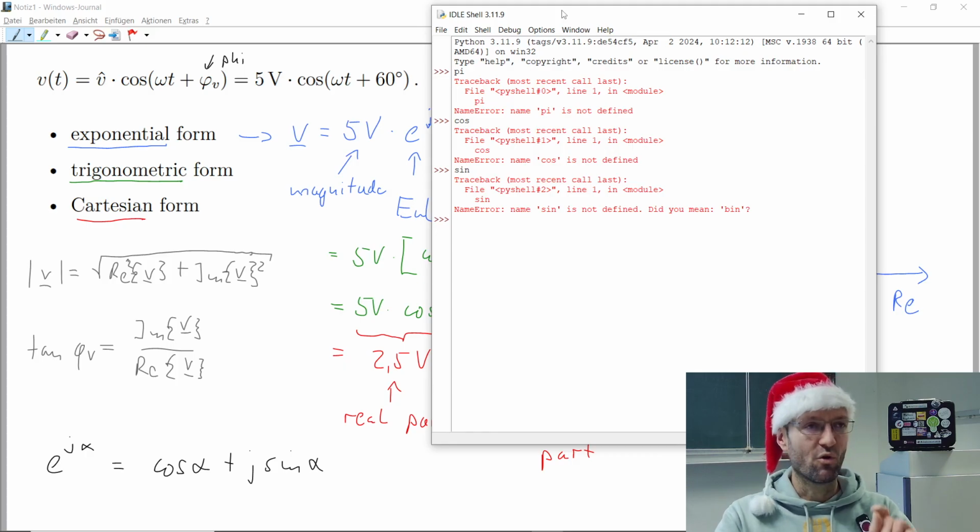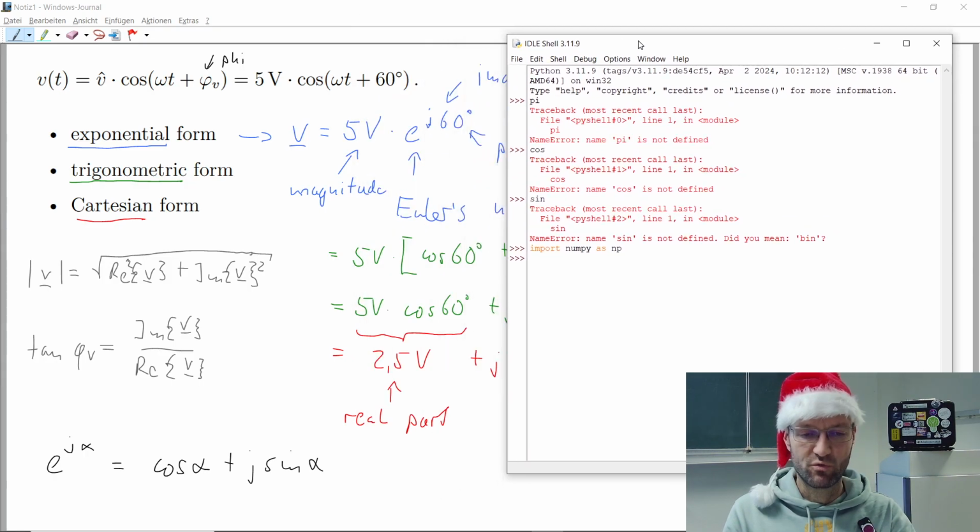So you always need a library for this, and this one is called numerical Python, NumPy. So we will import NumPy as a shorter command, which I call np. Okay, so this worked because it's installed on my computer.